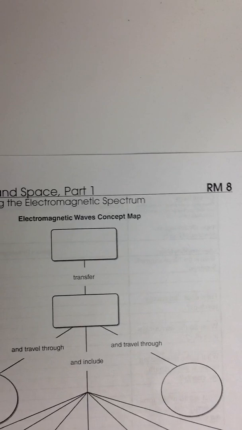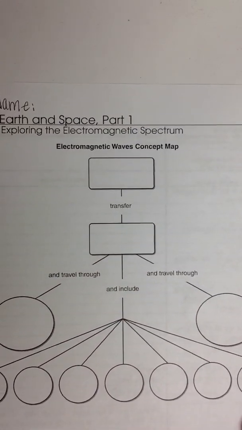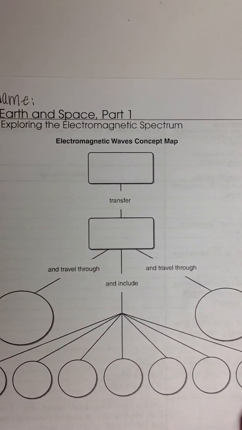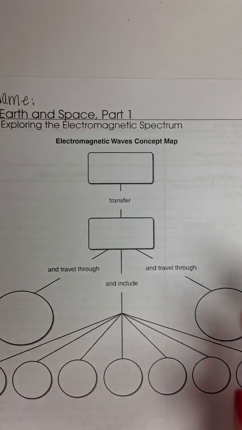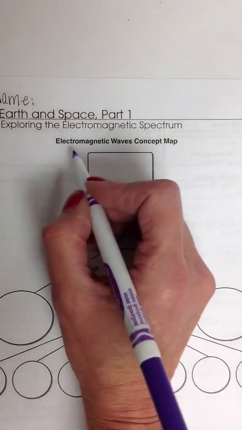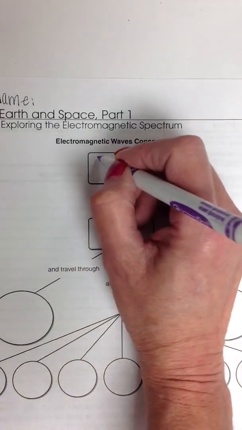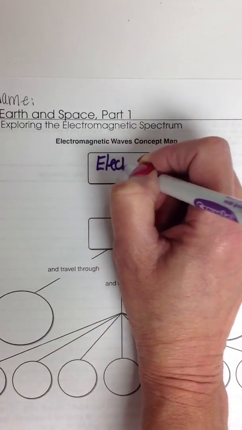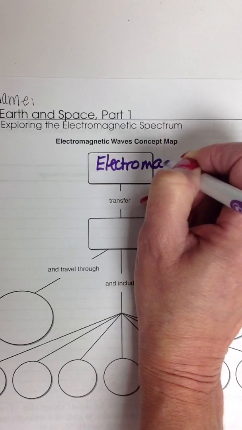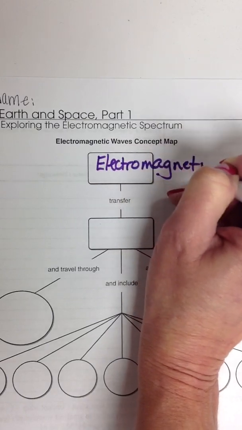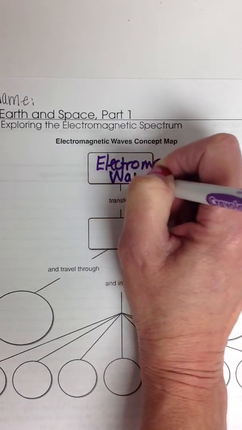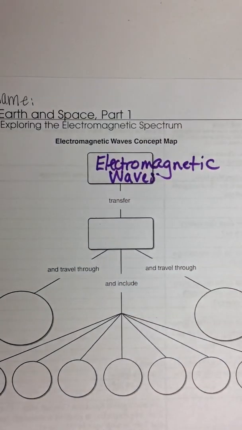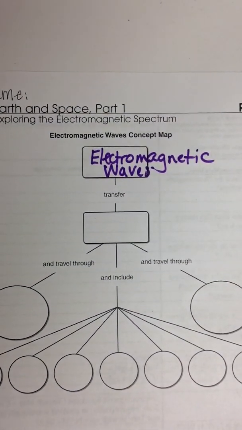Alright, so let's look at the one you've just recently done, the Electromagnetic Waves concept map. So we did have a word bank which helped, but we're going to start off with what? Obviously this is about the electromagnetic waves, so that's what it starts with. And these electromagnetic waves are energy from stars, right?